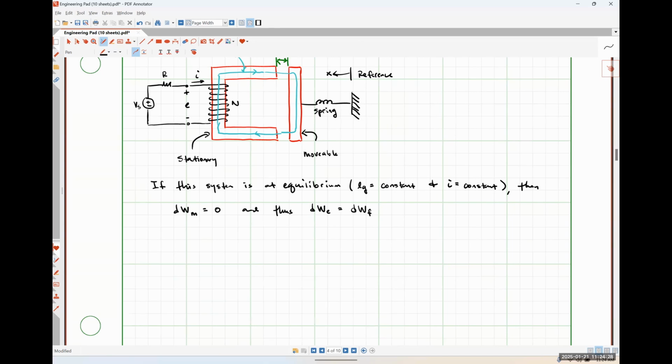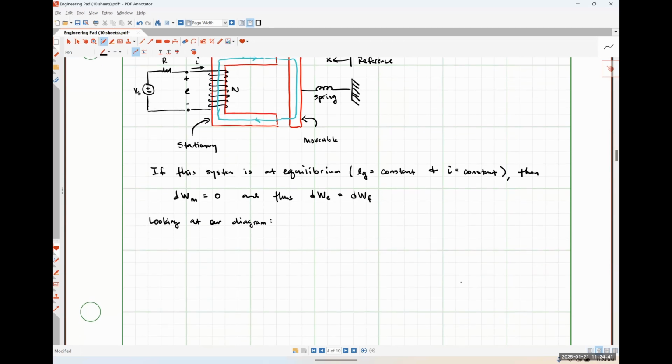So if we look at our diagram, our differential electrical energy, dWe. Just as a quick aside, what is electrical energy?